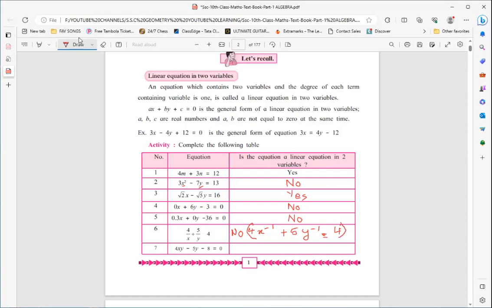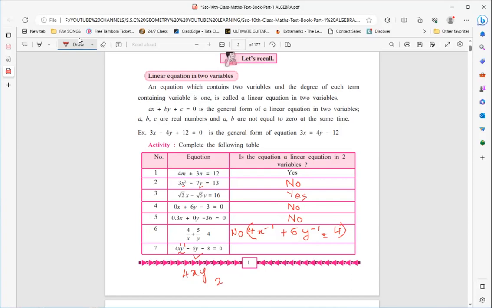Then 4xy minus 5y minus 8 equal to 0. If you look at it, there is a y here which is okay. But the problem here is that xy is written. In xy, x is 1 and y is 1, so both of them together, it becomes 4xy, and the degree will become 2, since 1 plus 1 is 2.